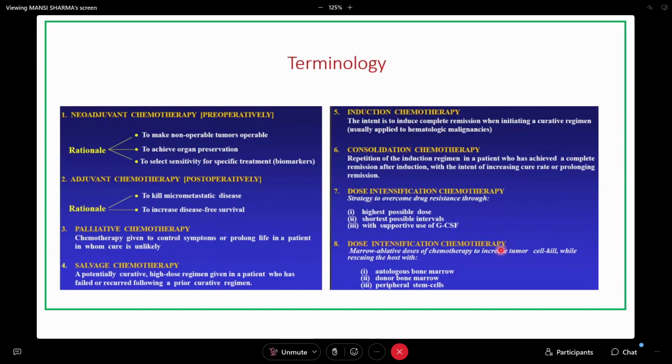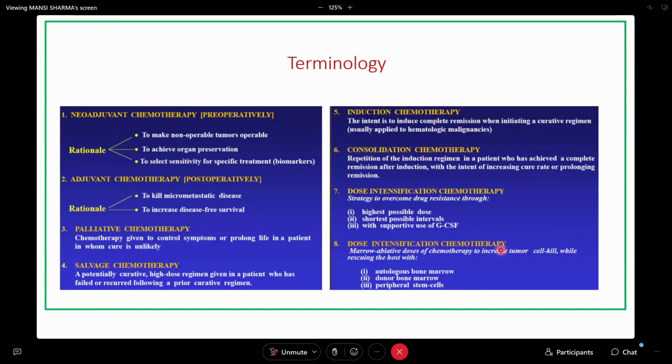Now these are important terms that we use in clinical practice. I'm sure all of you already know this, so we'll quickly go through it. Neoadjuvant chemotherapy is usually given preoperatively. The rationale is to make non-operable tumors operable, to achieve organ preservation, and to select sensitivity for specific treatment like biomarkers at a later date.